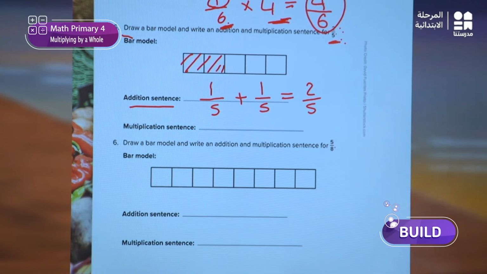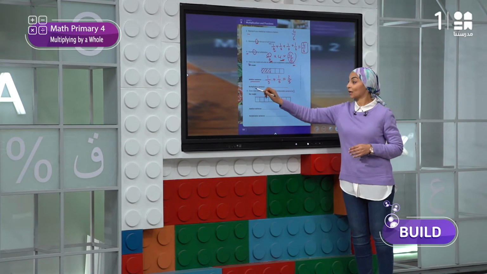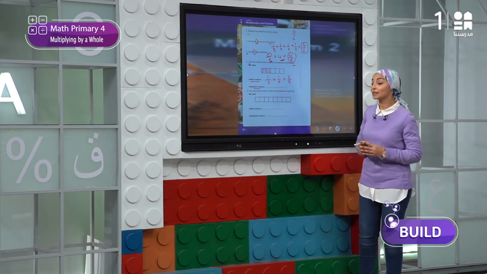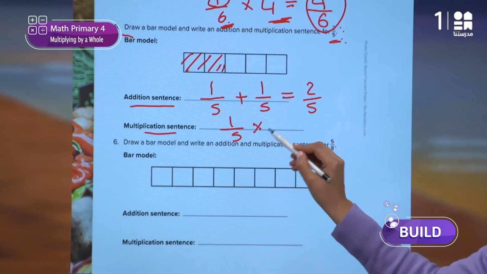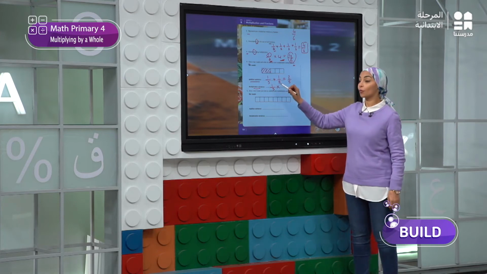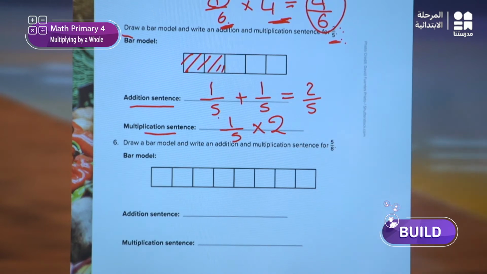Okay. From the addition sentence we can write the multiplication sentence. Let's write the multiplication sentence together. The fraction that is repeated is 1/5. I will write it times the number of repetitions. How many times did I repeat 1/5? I repeated it 2 times, so I will write 1/5 times 2.